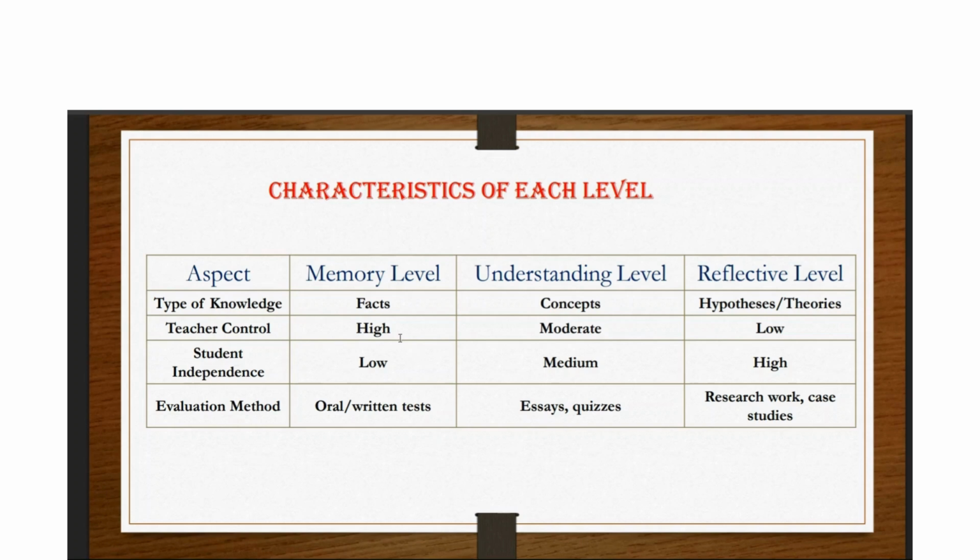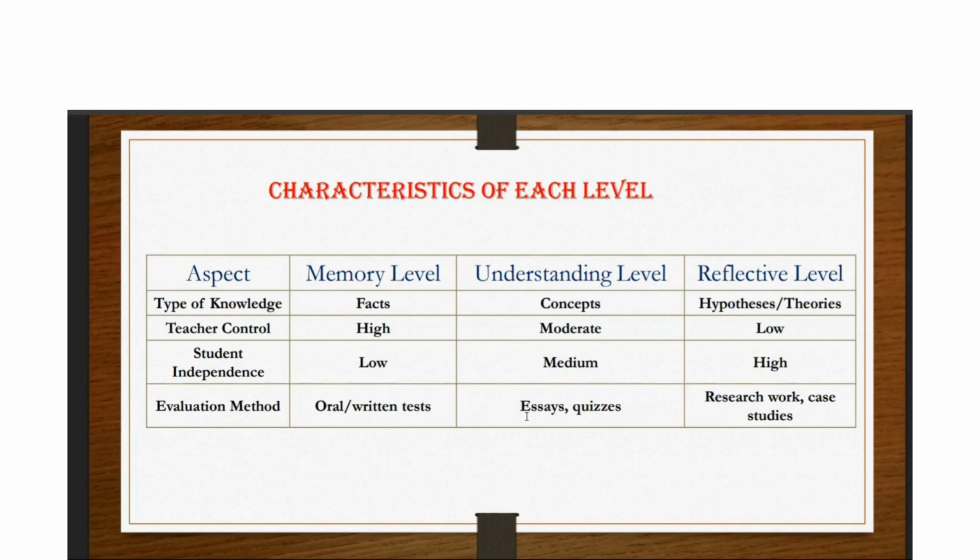Teacher control is very high in memory level, moderate in understanding level, and low in reflective level. So student independence is low, medium and high. We have already discussed the evaluation method. Where there is rote learning, oral testimony is the main component of memory level.